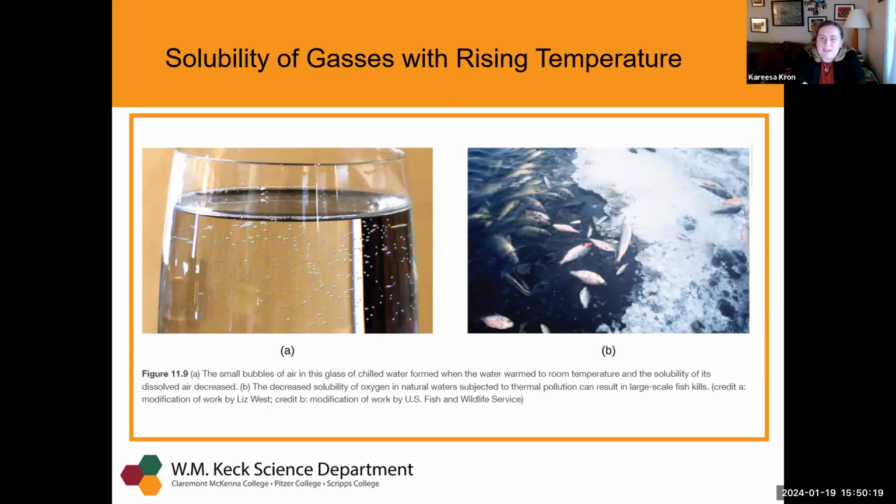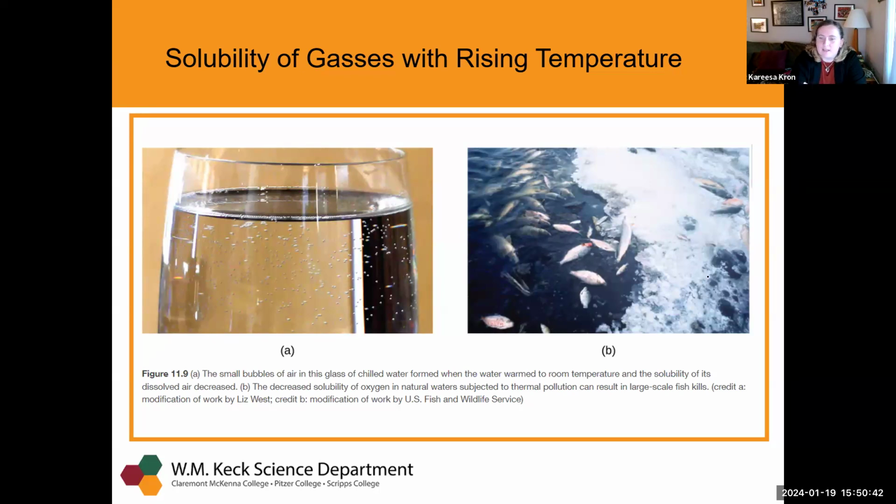And this can lead to large-scale fish death because if a particular area, for example, builds a power plant that starts dumping hot water into the river and it raises the river temperature, all of a sudden the oxygen concentration in that water decreases and the fish can no longer breathe. And so a lot of the fish die.